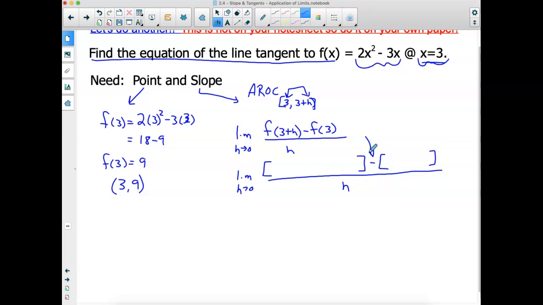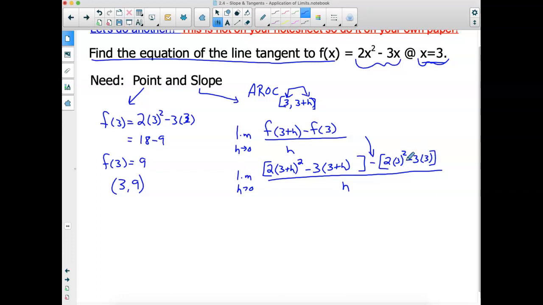But what is f of 3 plus h? Well, it's 2 times, there's an x, so I have to plug a 3 plus h in for it, that first one squared, minus 3 times, there's another x, so I have to put in a 3 plus h, minus f of 3, which is just plugging in 2 times 3 squared minus 3 times 3.